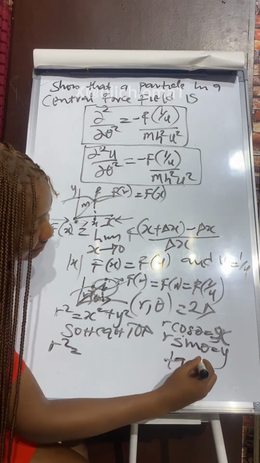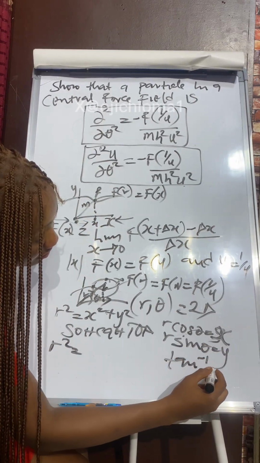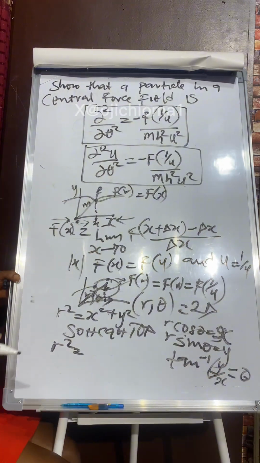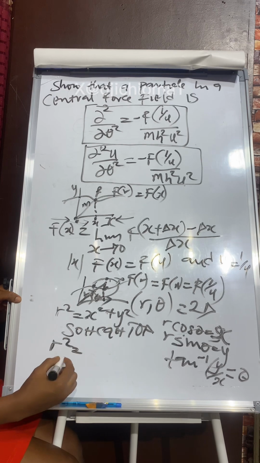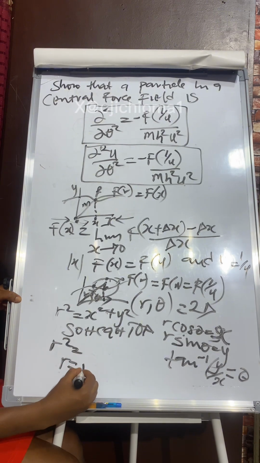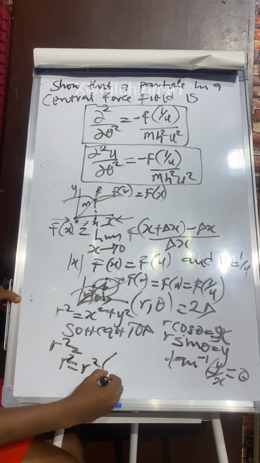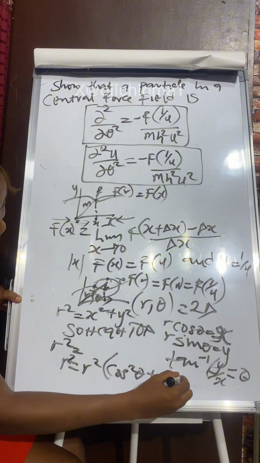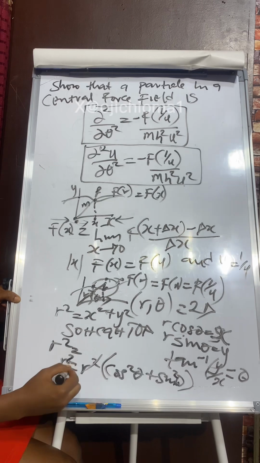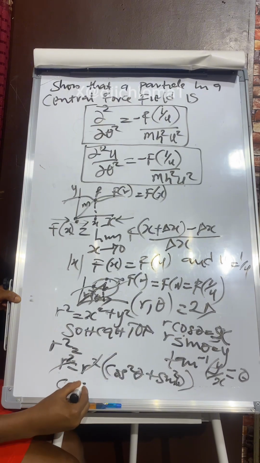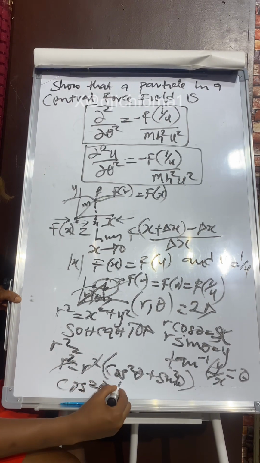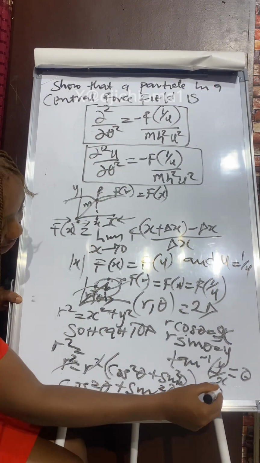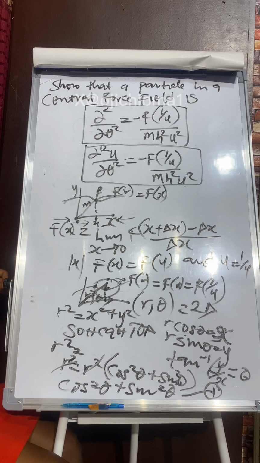Then tan inverse of y over x equals theta. That's the tangent. Substituting it into this, we have r squared equals r squared bracket cos squared theta plus sine squared theta. This is a variable, cos squared theta plus sine squared theta, this is a constant. Let's call this equation 1.